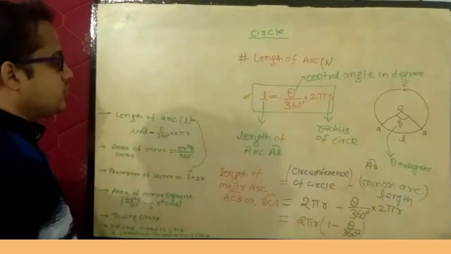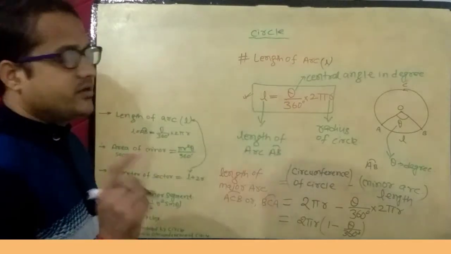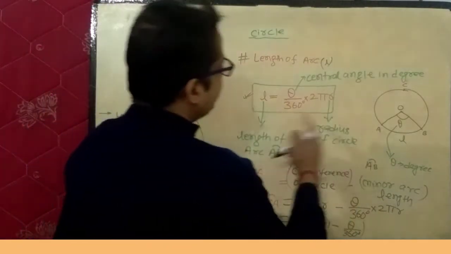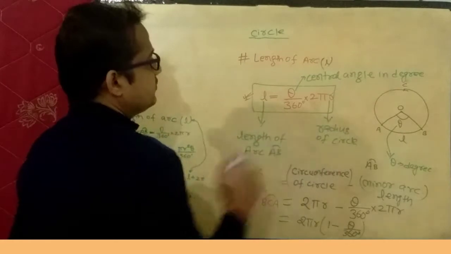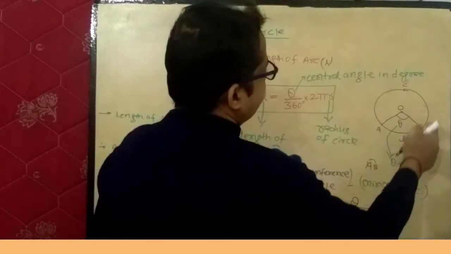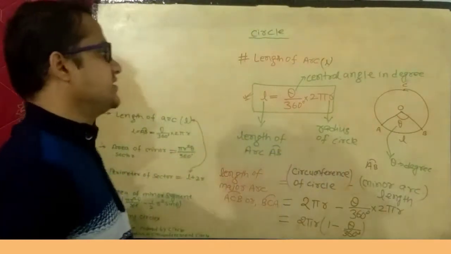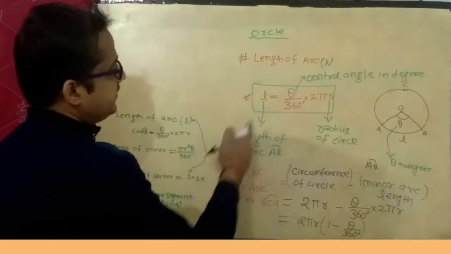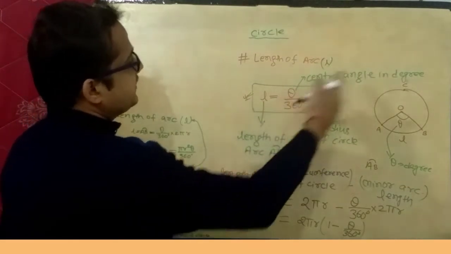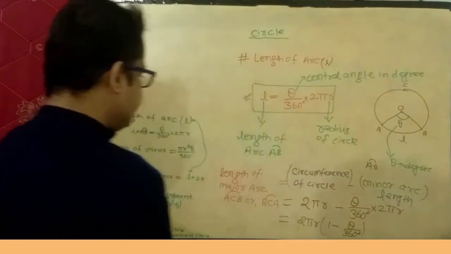By using this formula, you can calculate the length of the major arc. But my suggestion is simply learn the formula for the length of the minor arc, and subtract this minor arc length from the circumference of the circle, then you will get the length of the major arc. And in this formula, l is the length of arc AB, theta is the central angle in degrees, and r is the radius of the circle.